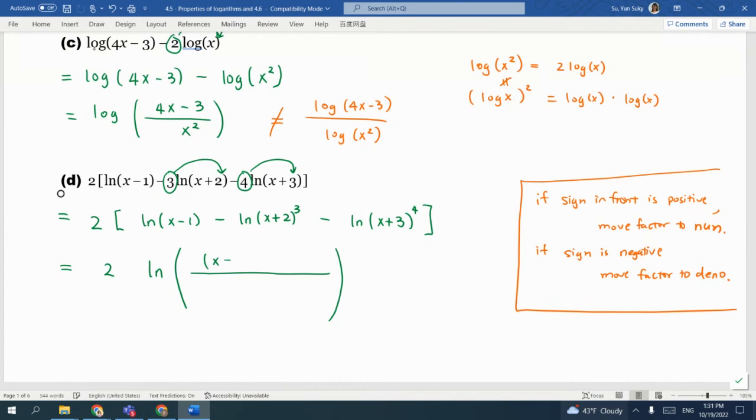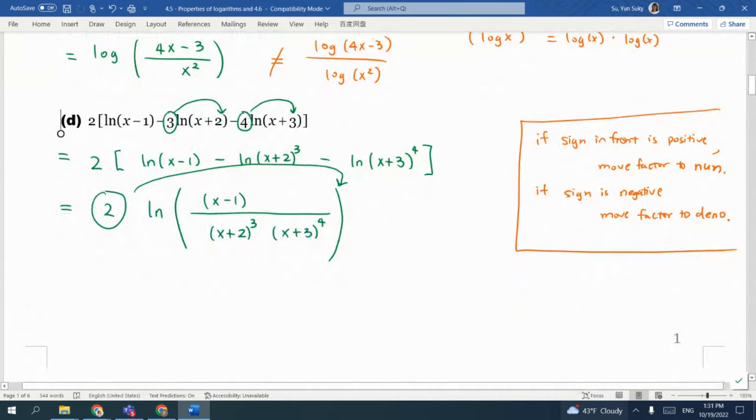Okay, so x minus 1, move it on top, and (x plus 2) cubed, moving downstairs. Right, everybody? How about this guy? Moving top or bottom? Bottom. Yeah, very good. So (x plus 3) to the 4th. So far, so good, everybody? Okay, finally, these two, we can move to the exponent. Okay, so that is ln. And please simplify.